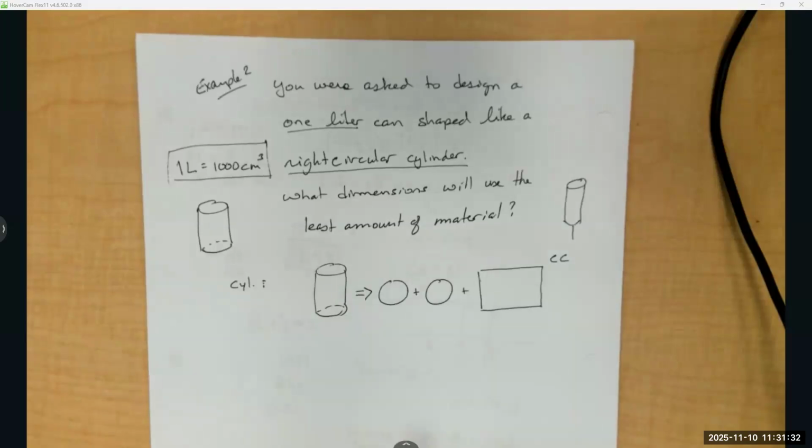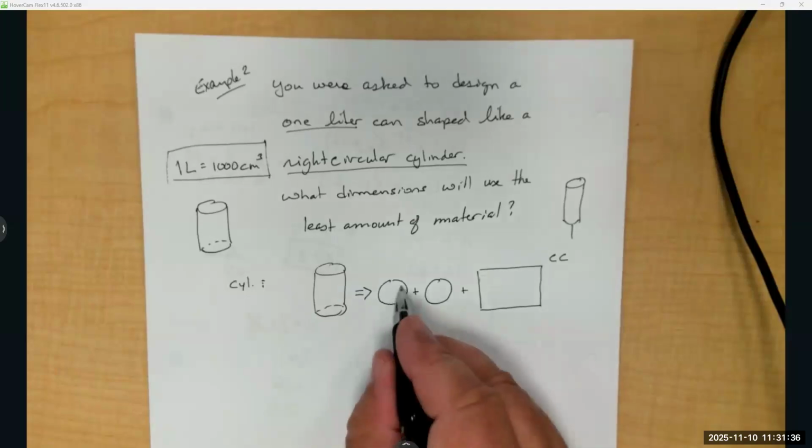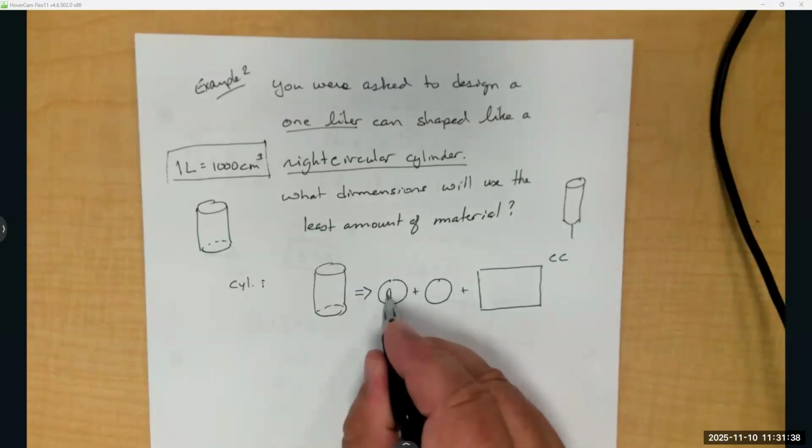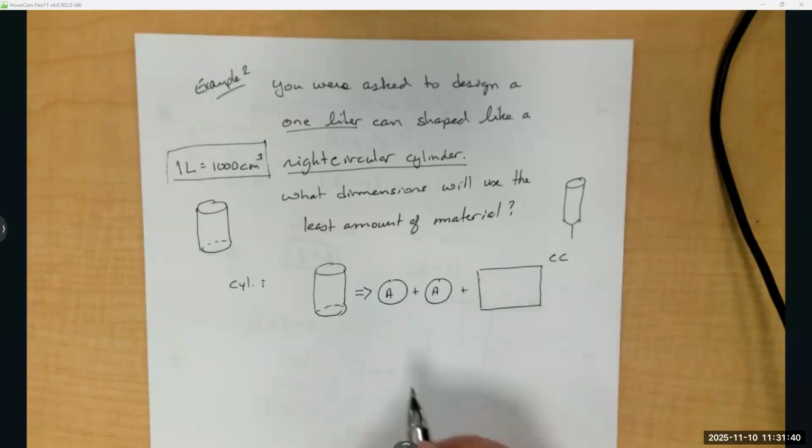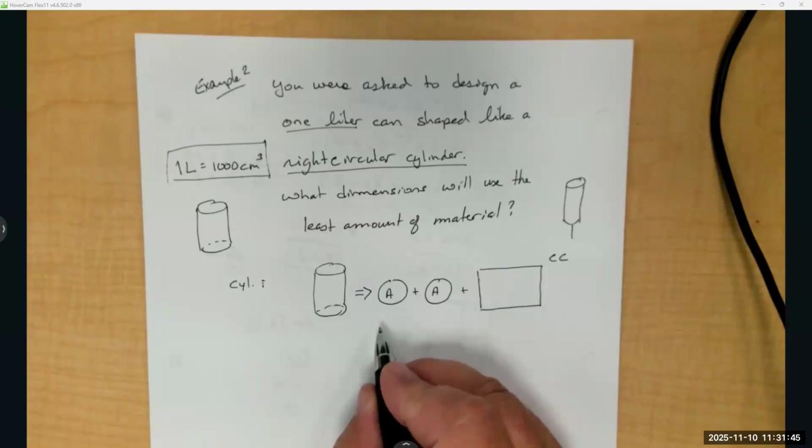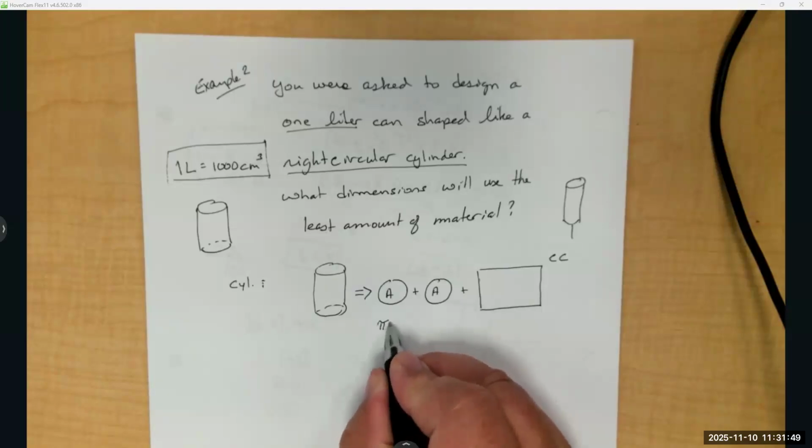So what's the formula for circles? This is the area, because we're looking for just the stuff inside there. So what's the area of a circle? Pi r squared.